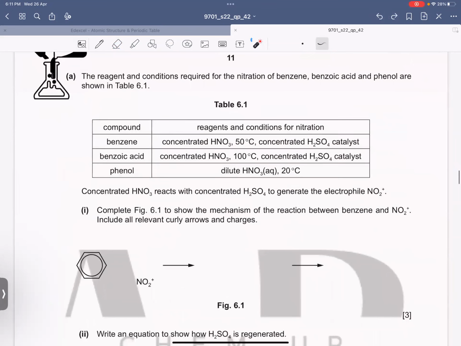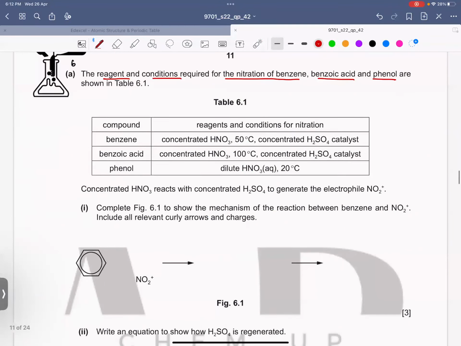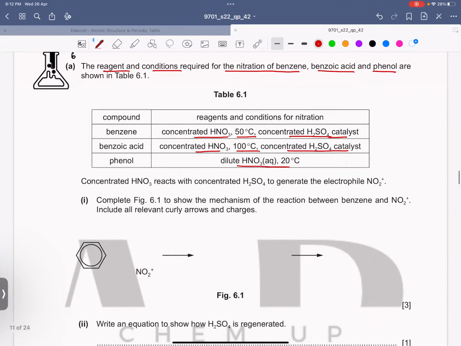Okay. Now, this is question number 6. The reagent and conditions required for the nitration of benzene, benzoic acid, and phenol are shown in the table. To nitrate benzene, we need these conditions. For benzoic acid, we need these conditions, and for phenol, we just need dilute nitric acid at 20 degrees Celsius.